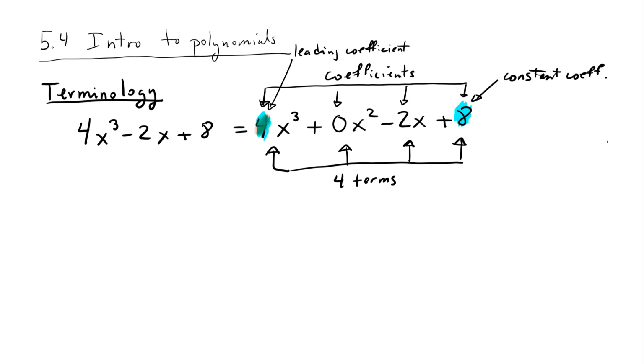Okay, and overall, this guy here, that's called the leading term. And not surprisingly, the constant coefficient is also sometimes called a constant term. They're both the same because there's no x in that term, so it could be both a coefficient and a term.